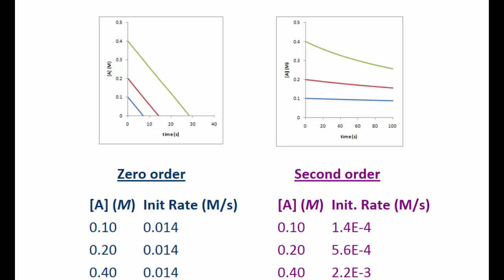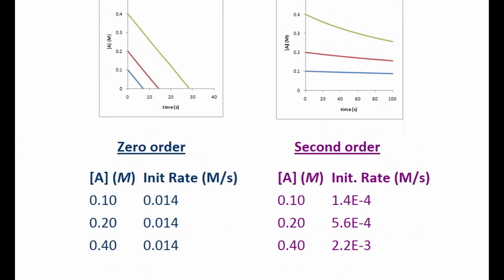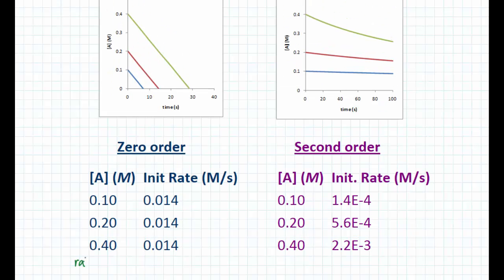One way of describing that with words is that the rate is unaffected by concentration. Normally we think of concentration changing as the reaction goes along, and that changes the rate, but also initial concentration would sometimes affect rate, but not in a zero order.